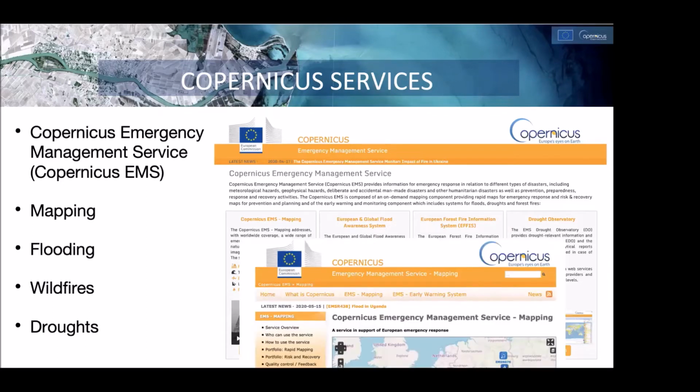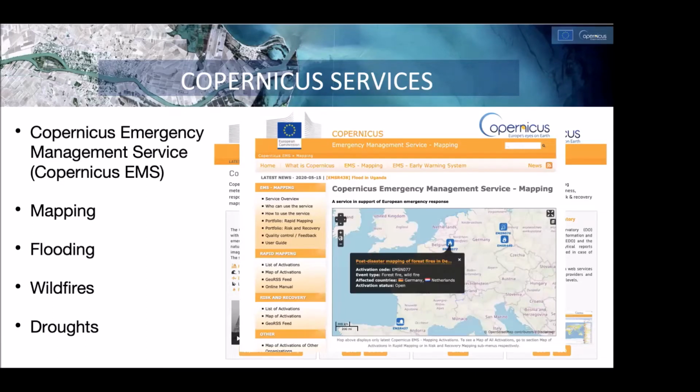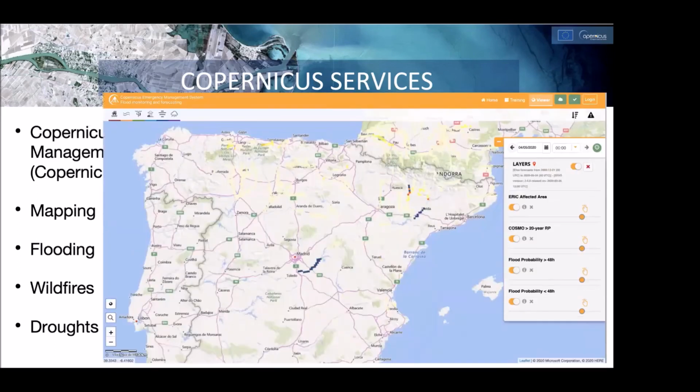So specifically, if you're interested in places that have been affected by certain types of disasters, for example, wildfires especially, there have been quite a few maps created for that, both in Europe and around the world. So that's one thing that you can take a look at.